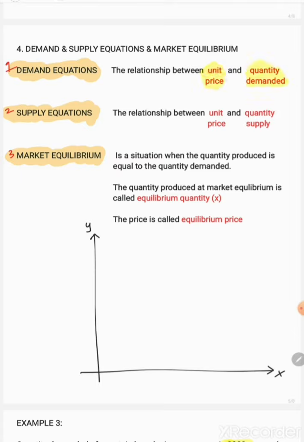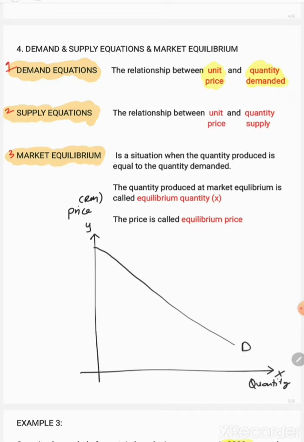In the graph between x and y, the y-axis is the location for the price, and the quantity is on the x-axis. Normally, the graph for the demand equation is a decreasing graph.